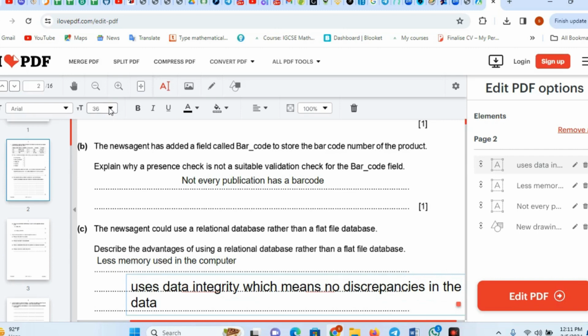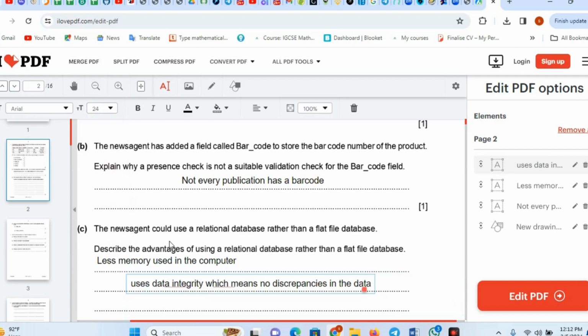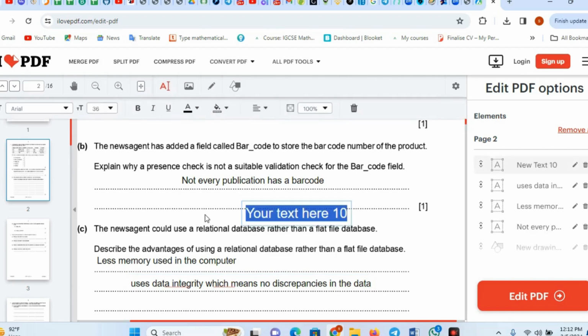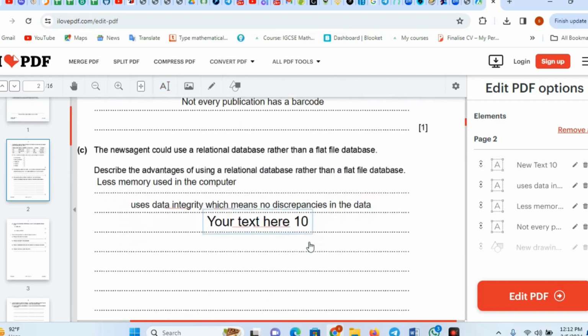That is, when you make use of a relational database, it makes sure your data has integrity.